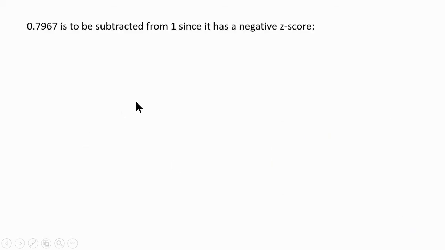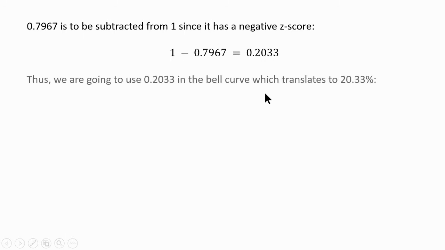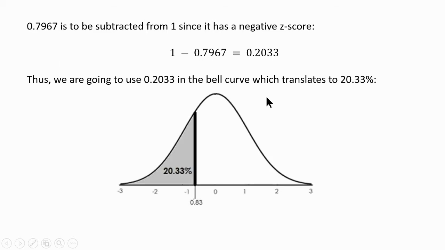But if it's negative, it's direct to the point. So if you use a positive table and your Z-score is negative, you have to subtract it from 1. That's why this is the style used. Okay? So that's 20.33%.